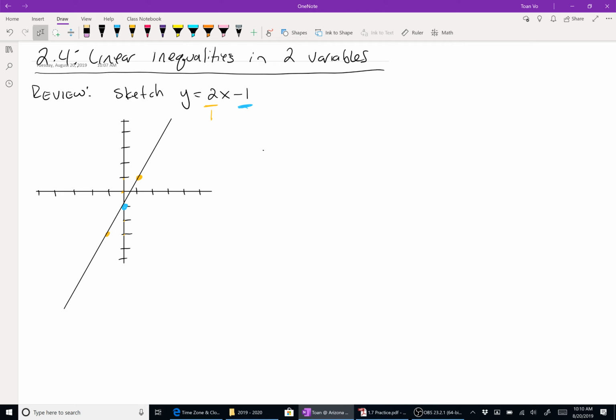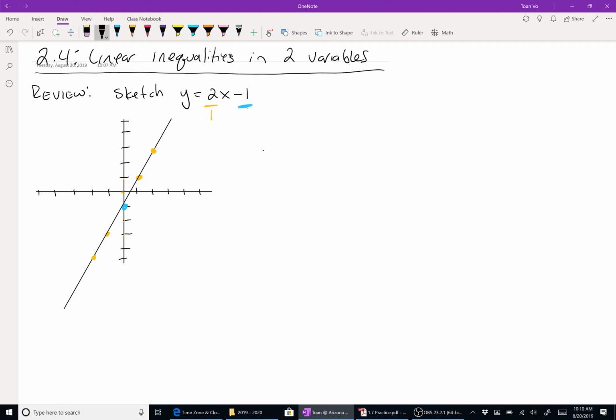Now this line consists of more than these 3 points. I only graphed 3 points just to form the physical line, but there are other points on this line. For example, from any of the other green points, I could go up 2 over 1, or from this point down 2 over 1.